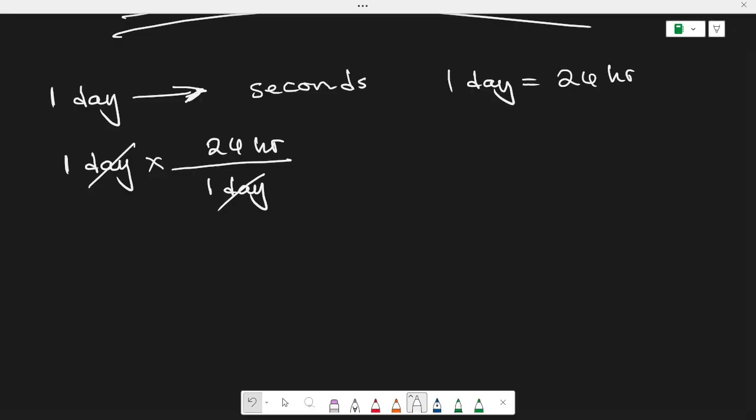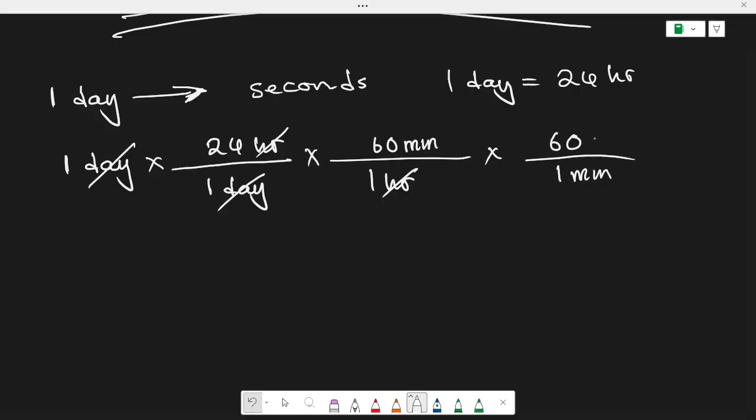Now when you reach this point, again you can put another fraction, and you have 1 hour on the bottom, and on top it will be 60 minutes. Then you will have these two to cancel. Then we know that in 1 minute you have 60 seconds.